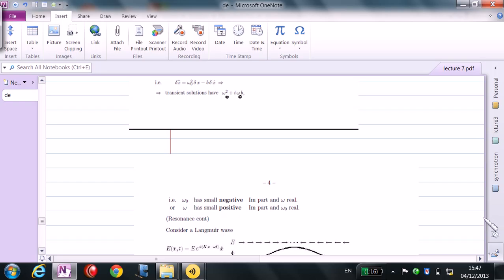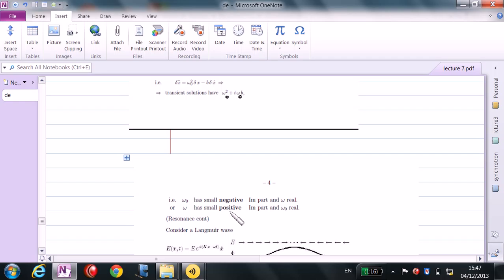In other words, I can either pull omega naught off the real axis by giving it a small imaginary part, or I can give omega a small positive imaginary part and just say that the initial conditions went to 0 at minus infinity.